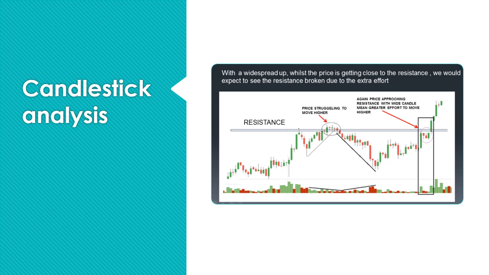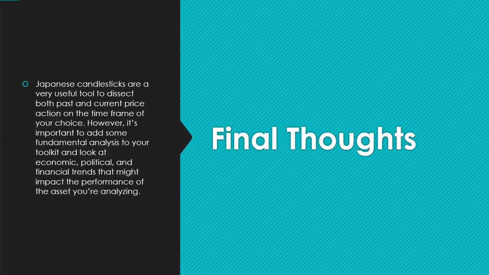Classic use of candlesticks without any memorization of names, pattern recognition. Okay, just looking and understanding what that candle with its body, its wicks, its green or its red are trying to tell us. Now, Japanese candlesticks are a very useful tool to dissect both past and current price action on the time frame of your choice.